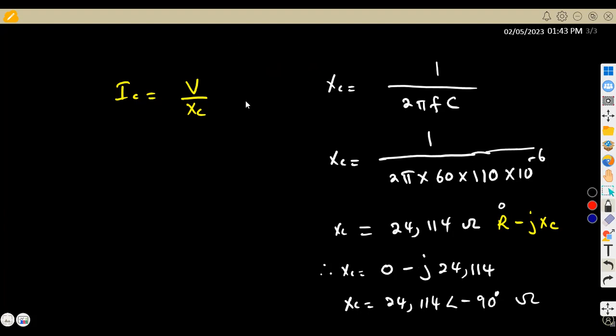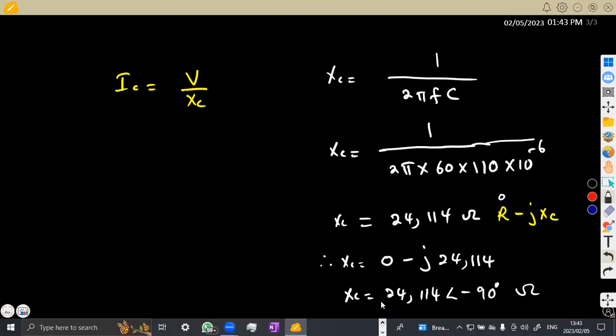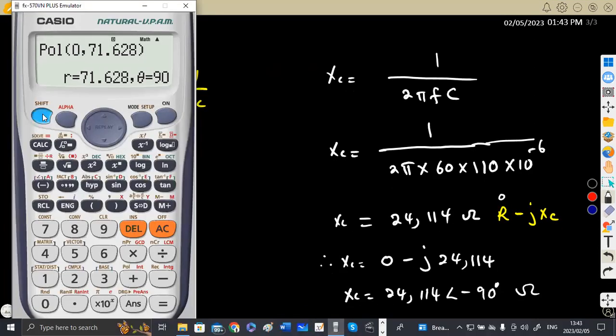Just like the previous part, we can convert to Cartesian form, which is the rectangular form. So to rectangular form, it's shift rec, which is shift minus, then you write your number 24, comma, 114 like this. Then you separate with minus 90.